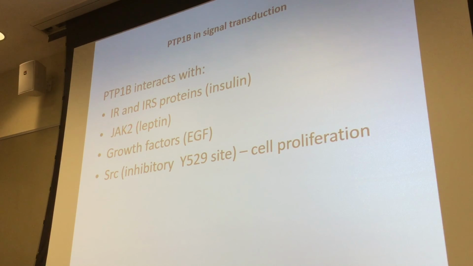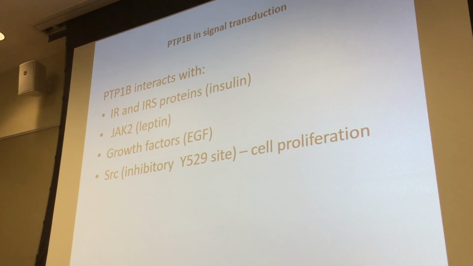So this interacts with our insulin receptor substrate proteins that we saw when we looked at the growth factor receptors. It turns out that even though these were initially discovered to bind to the phosphotyrosines on the insulin receptor, this family of proteins does interact with other growth factor receptors as well.